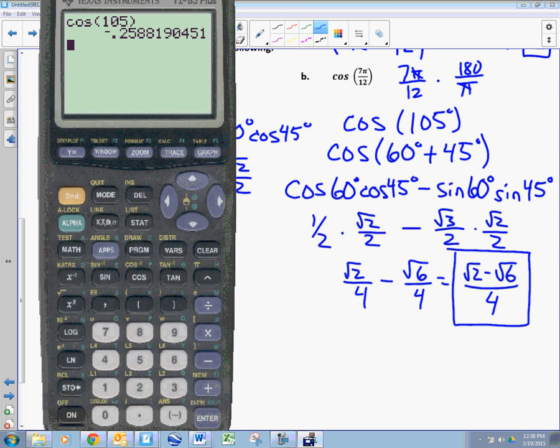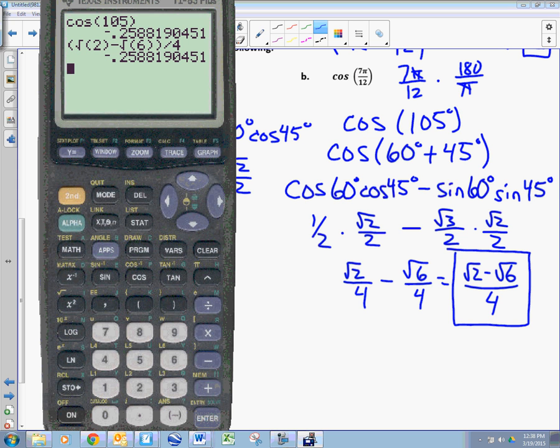This is exact, okay? Now, if you want to check to see if your answer is right, go parentheses square root of 2 minus square root of 6, close parenthesis, and divide that whole thing by 4. And you can see I do get that answer.